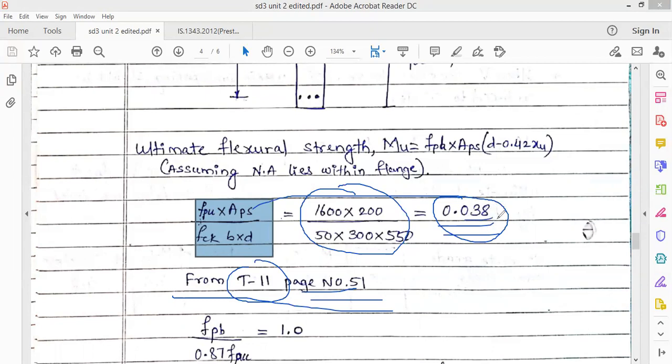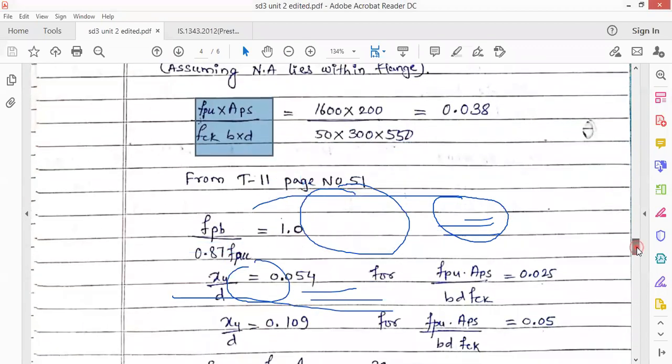Here I obtained 0.038, and I will search for this value in the IS code to obtain FPB divided by 0.87 FPU, and I need the value of XU by D.